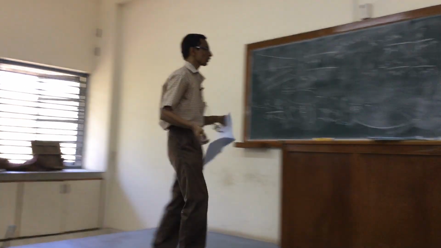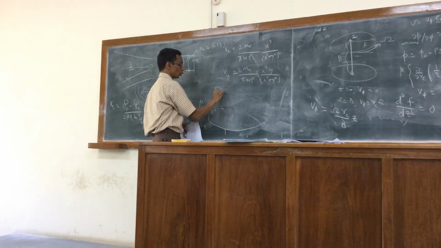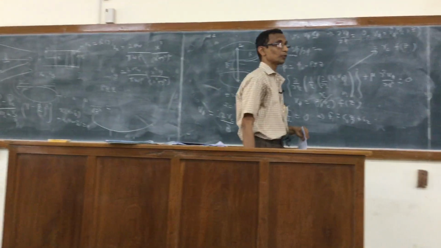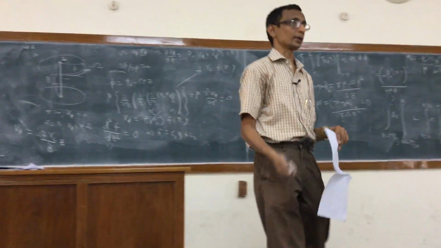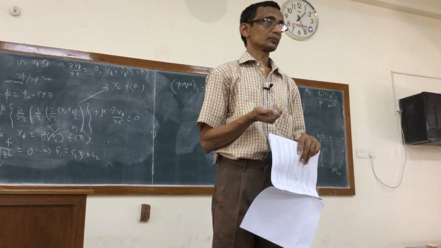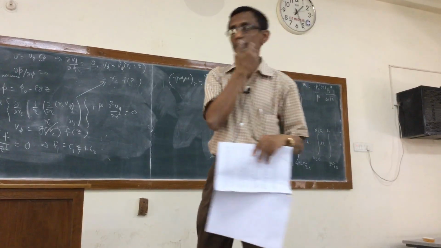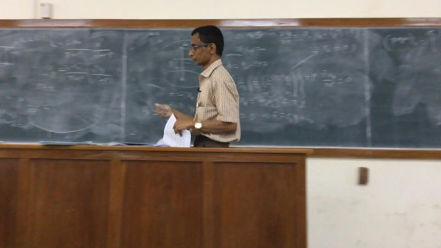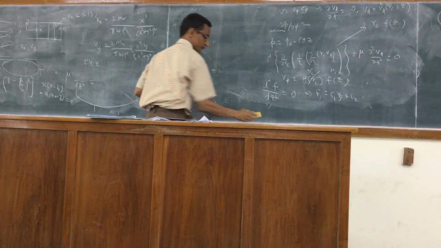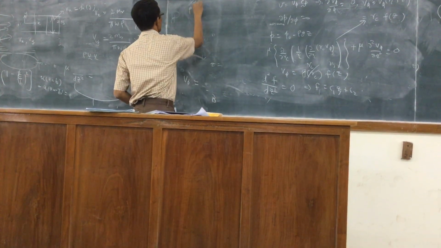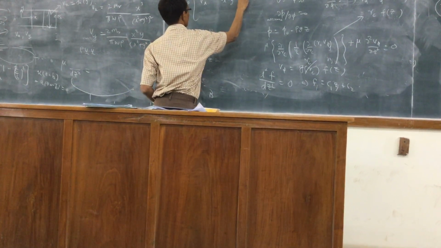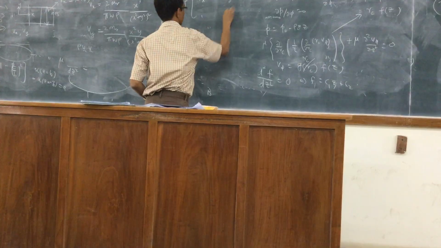Now the momentum flux tensor is given by ρvv. So what would the momentum flux tensor be in Cartesian coordinates? It would be a tensor, and it would have ρ times v_x squared, v_x v_y, and so on, v_x v_z, and so on.